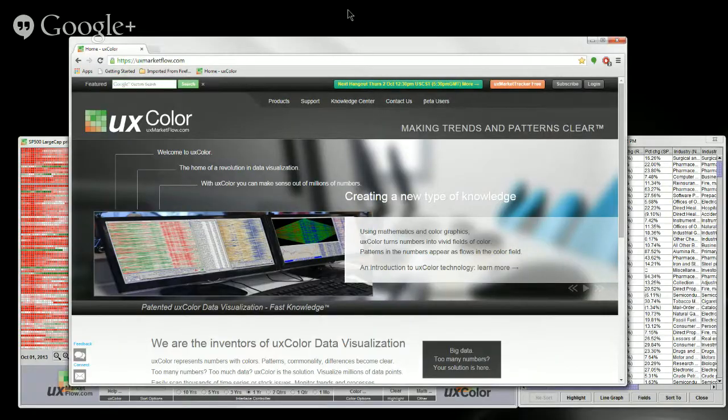When we talk about UX market flow, we're talking about the uxColor product pre-configured for market data for markets around the world, commodities, and currency data, through a variety of vendors that we bring the data in through. So UX market flow is really just the uxColor product pre-configured with market data. For the purposes of this demonstration today, we're going to be using UX market flow.